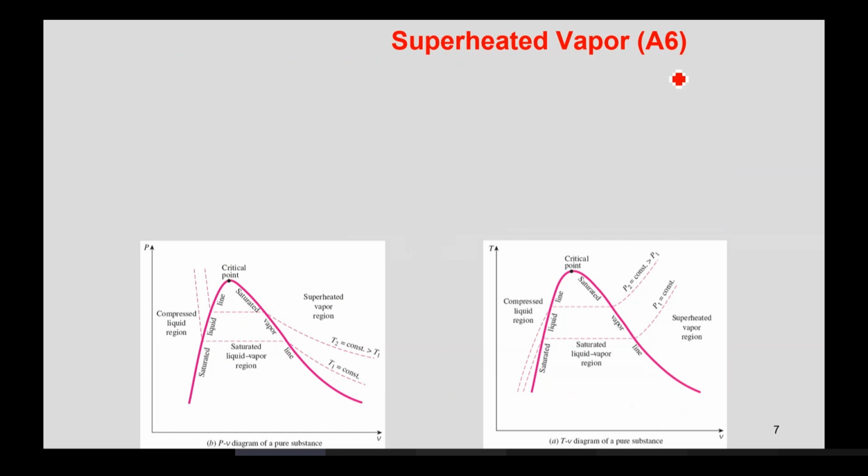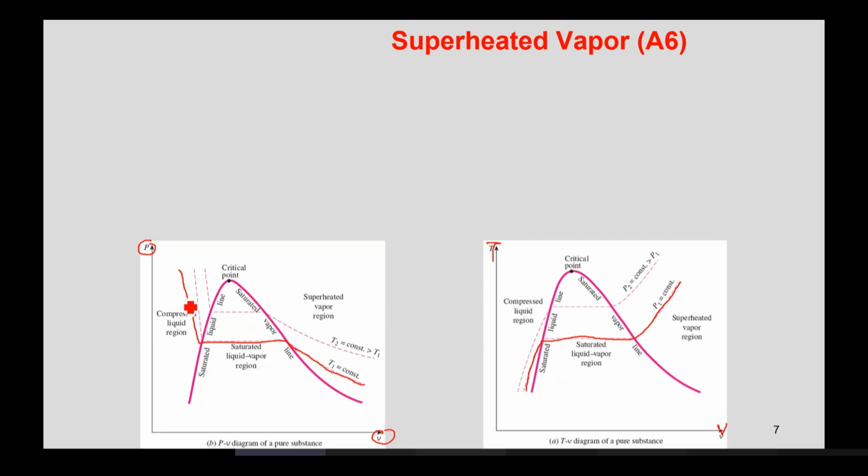Moving on towards the superheated vapor region, how to identify the superheated vapor region? There are basically five characteristics that define the region. If you have a pressure-specific volume plot, and a constant temperature line, this is the constant temperature line in a PV plot, and this is a constant pressure line in a PV plot.